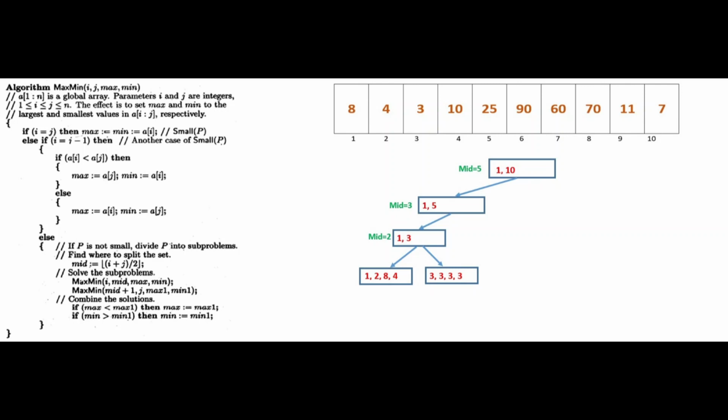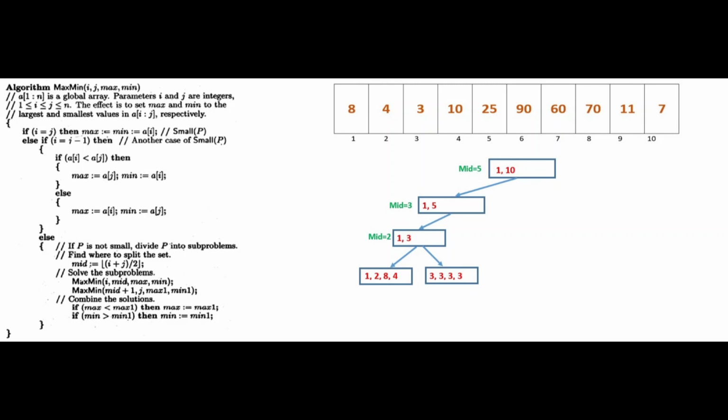Then last, if min greater than min1, min is 4, min 4 greater than 3, the condition is true, then min is equal to min1.